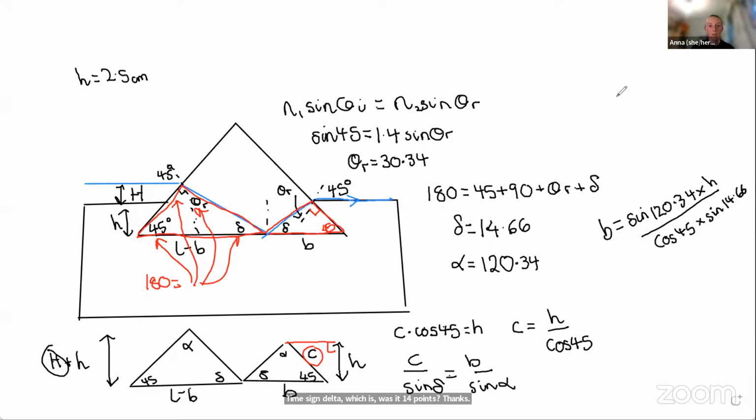So hopefully we will find from that that B is equal to 12.06 centimeters.